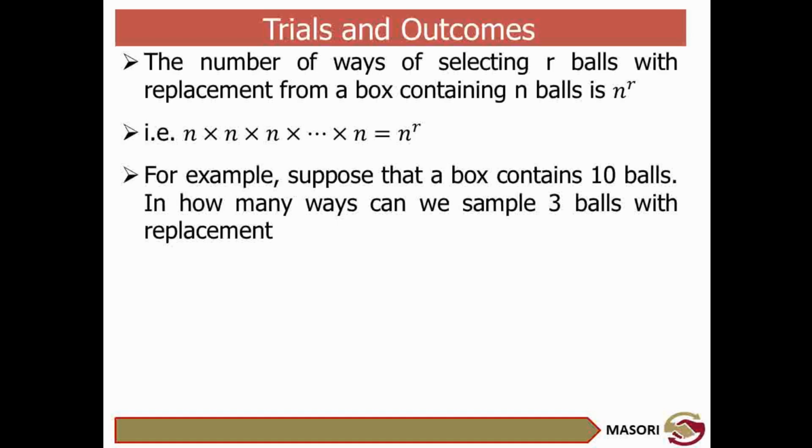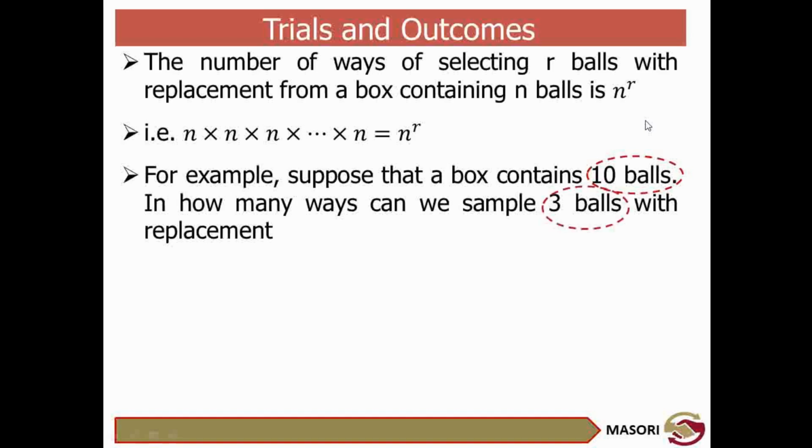So again, we go back to our formula. We know that the number of ways of selecting 3 balls will be n to the power 3, because r in this case is 3. We note that we have a total of 10 balls, therefore our n will be 10. And from these 10 balls, we want to select 3 balls, so our r becomes 3.